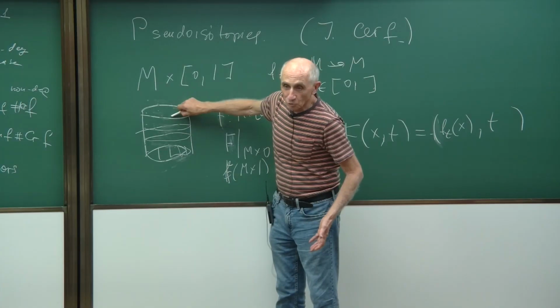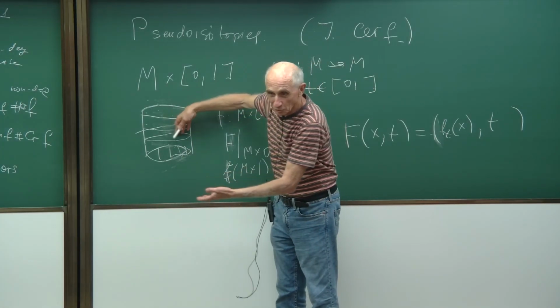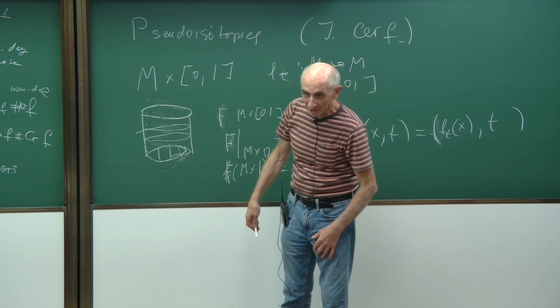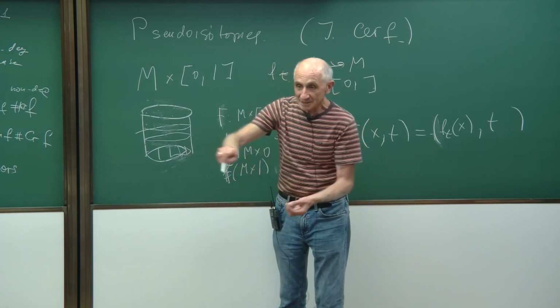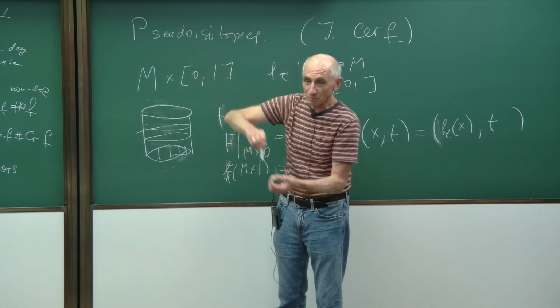The space of isotopies inside pseudo-isotopies is of course a contractible space, because it's just the space of paths with one fixed point, but the other point is not fixed.